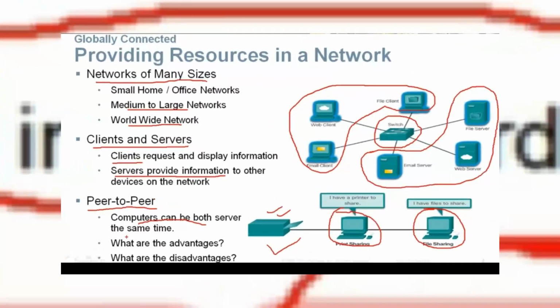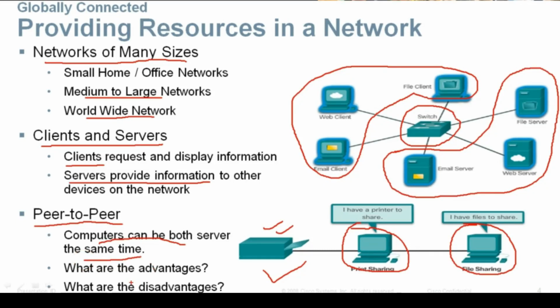Client and server at the same time. What are the advantages of peer-to-peer? It is not constrained to centralized behavior, so there is no central point of failure in peer-to-peer networks. But what is the disadvantage at the same time?